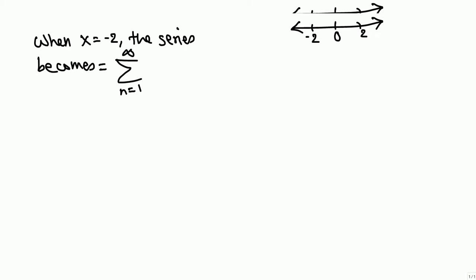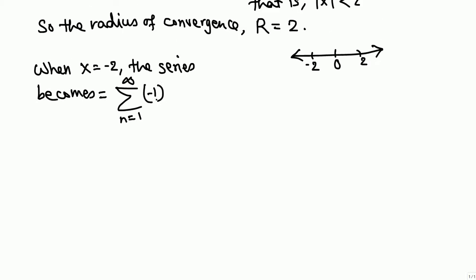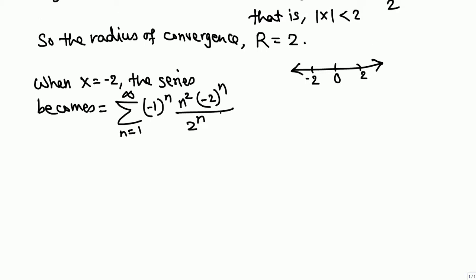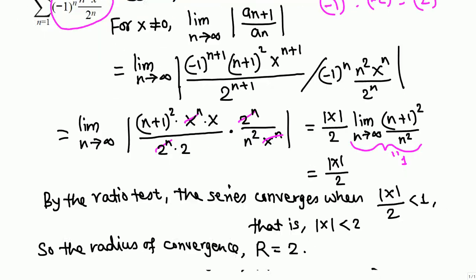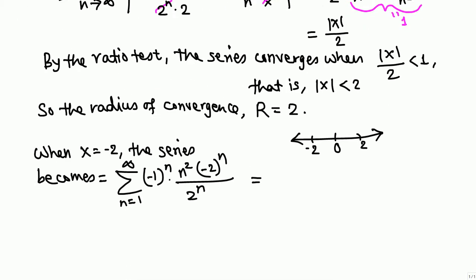Combining, (-1)^n times (-2)^n is 2^n, and the 2^n cancels.